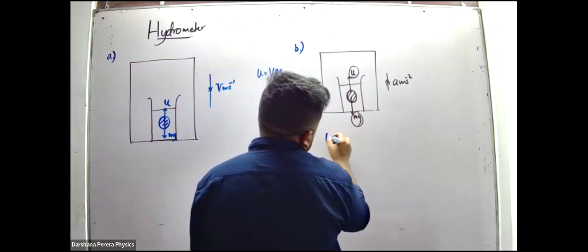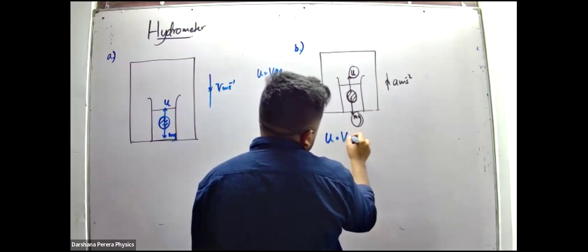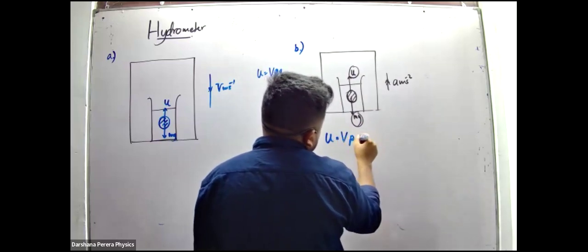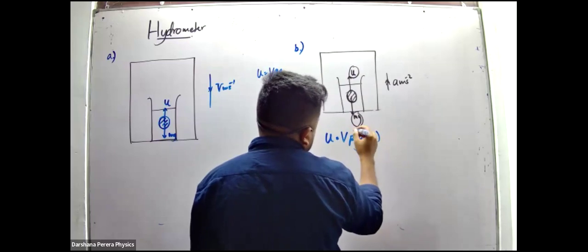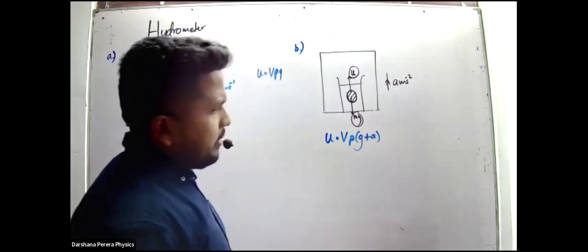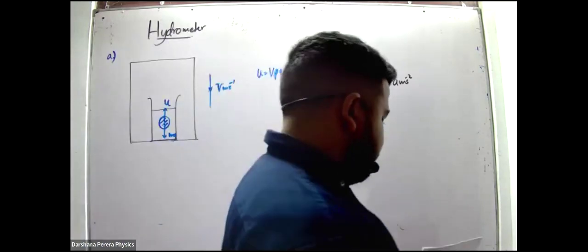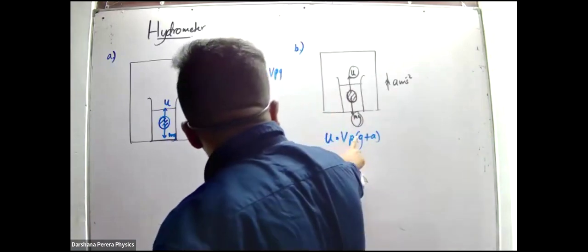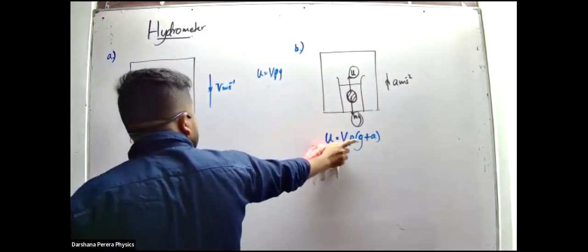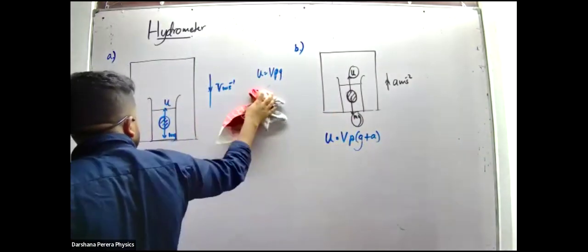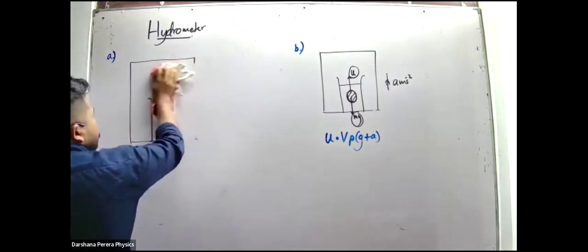What is the U? U equals V rho (G plus A). The upthrust getting high, right? Therefore, we have to apply the G as the effective gravitational acceleration.